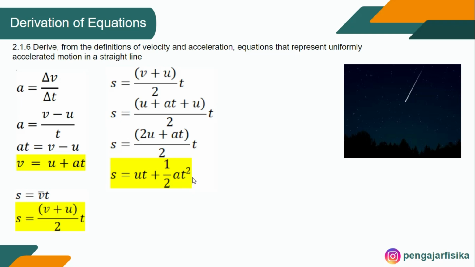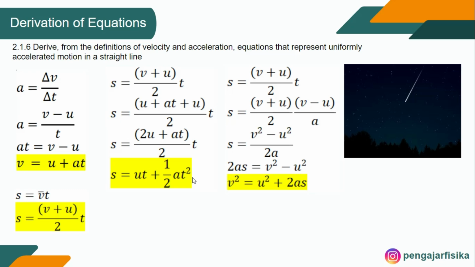And then for the last one, it's also from the second one, but now we substitute the time. The time will be equal to final velocity minus initial velocity over acceleration. And then we simplify this, it will be a quadratic equation like this. And then we modify, by moving the 2a to the left side.